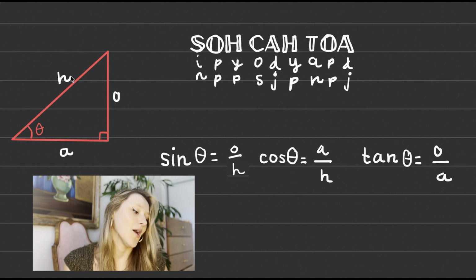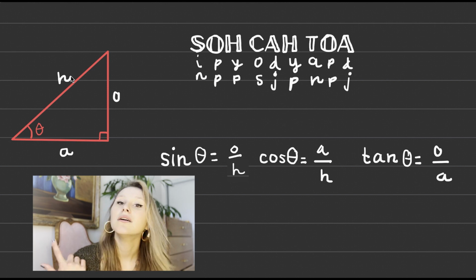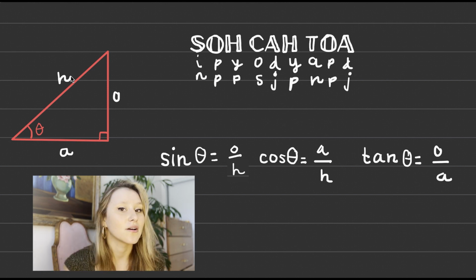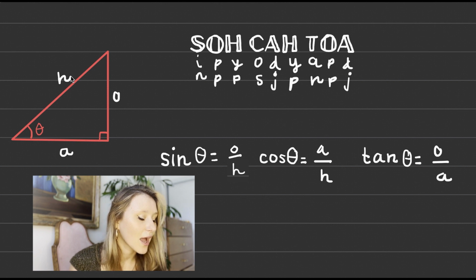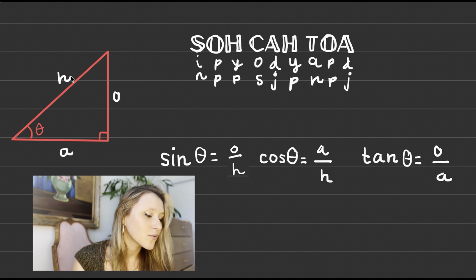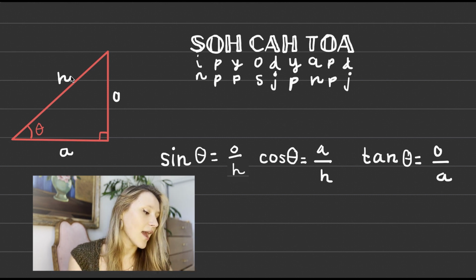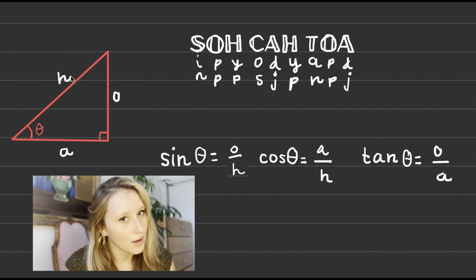So SOHCAHTOA: sine equals opposite over hypotenuse. And then we have cosine, which is adjacent over hypotenuse, tangent, which is opposite over adjacent.